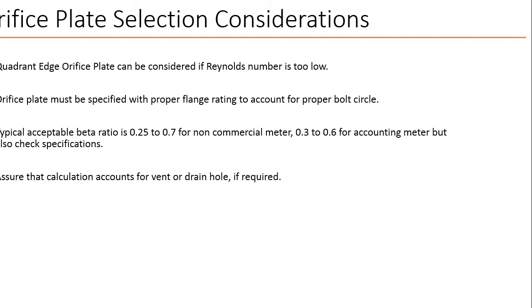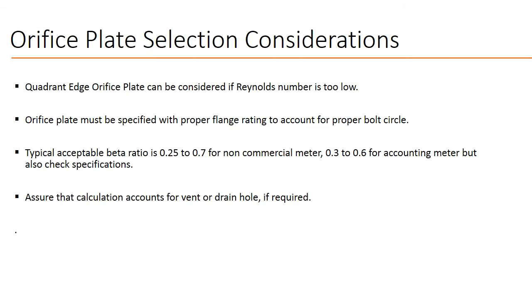Orifice selection considerations. How to select an orifice? A quadrant orifice is considered if the Reynolds number is too low, less than 1,000. The orifice should be specified with proper flange rating to account for the proper bolt circle.